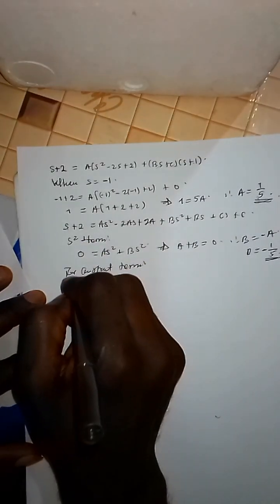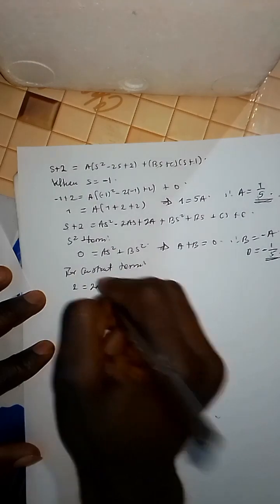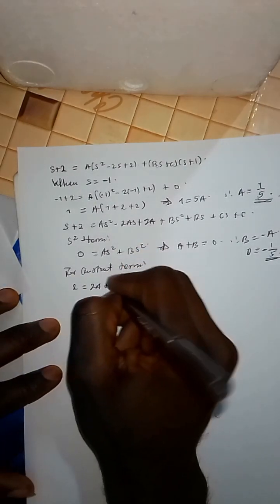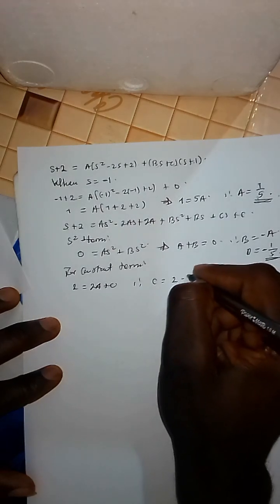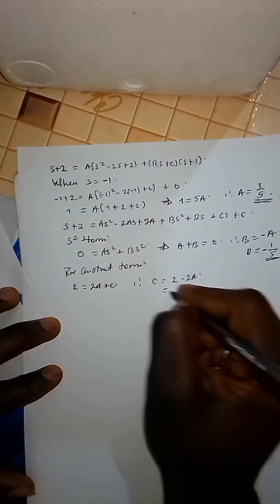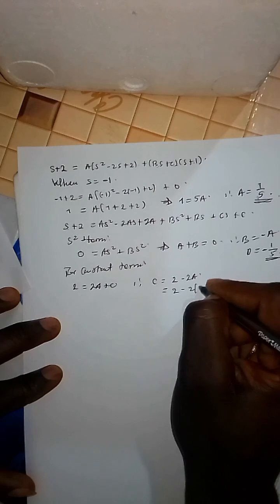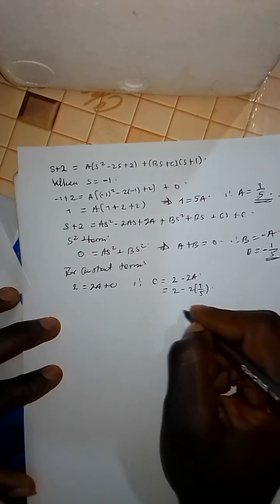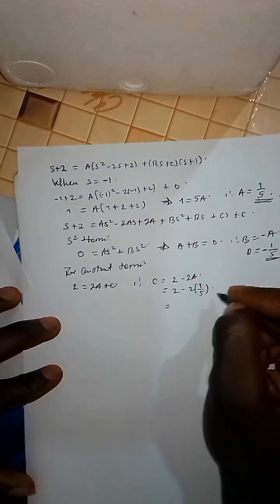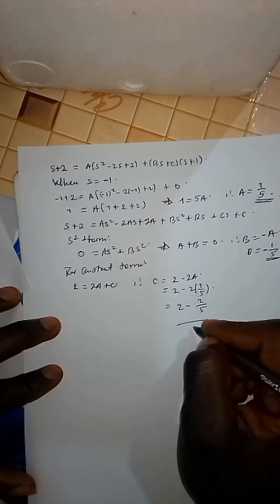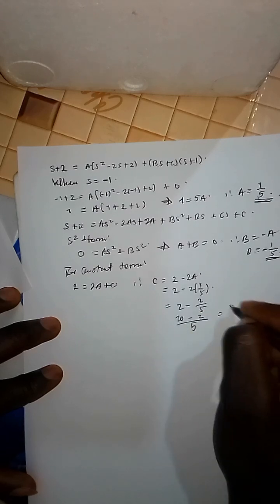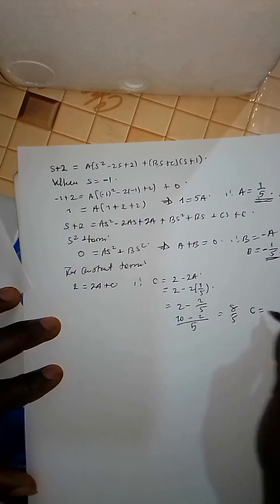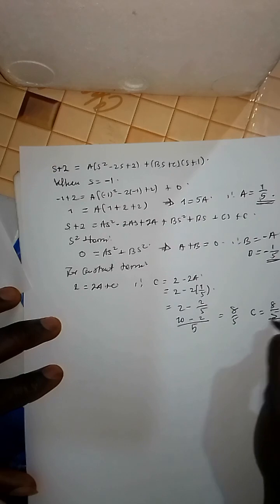So it means we have 2 is equal to 2A + C. Therefore, C will be equal to 2 minus 2A, which will be 2 minus 2 into 1 all over 5, will result to 2 minus 2 all over 5. So if we do the fraction here, we'll be having 10 minus 2, which will be 8 all over 5. So C is equal to 8 all over 5.